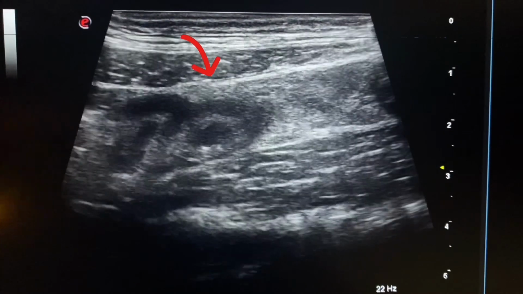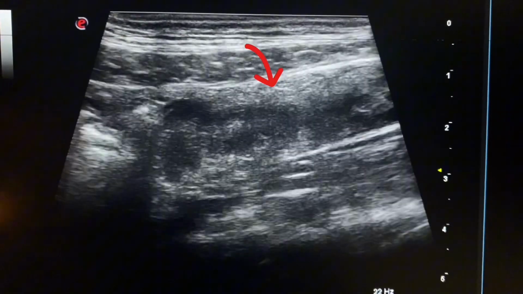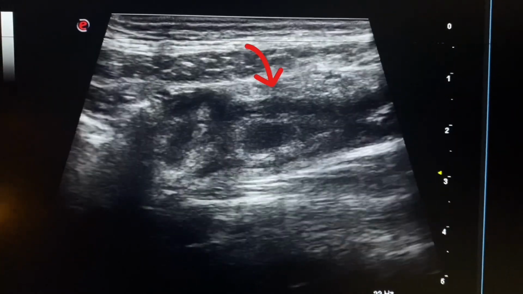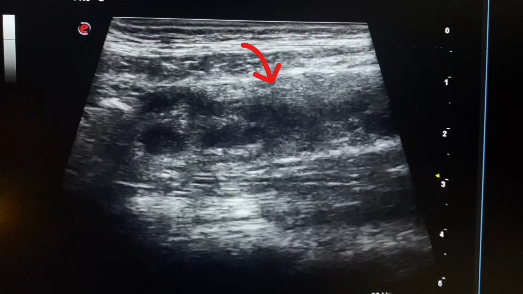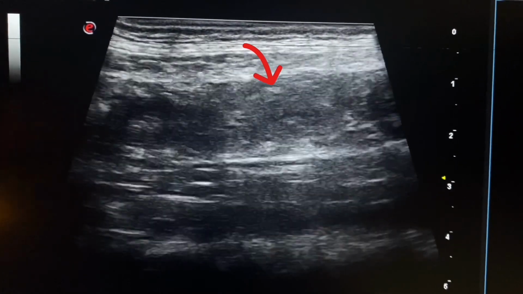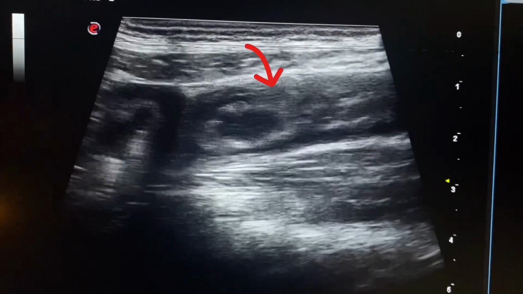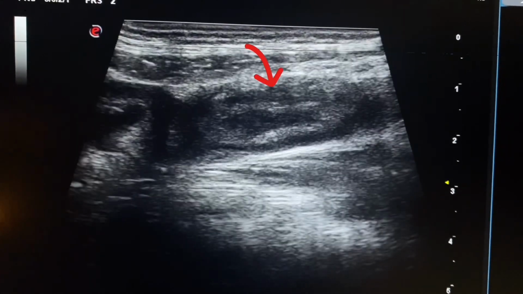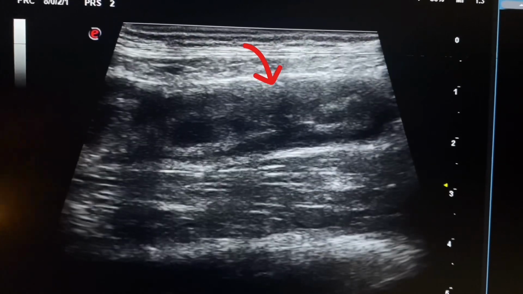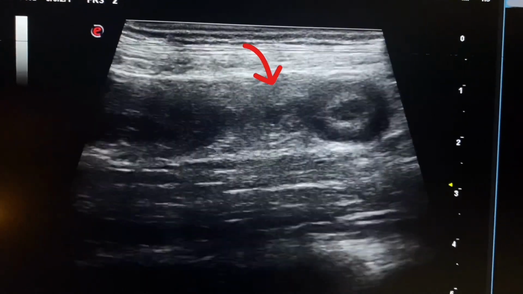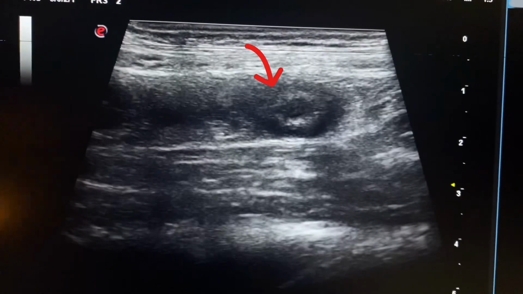Now we will rotate the probe at this point to get the longitudinal view of this lumen. Here we see the walls of this lumen are inflamed.